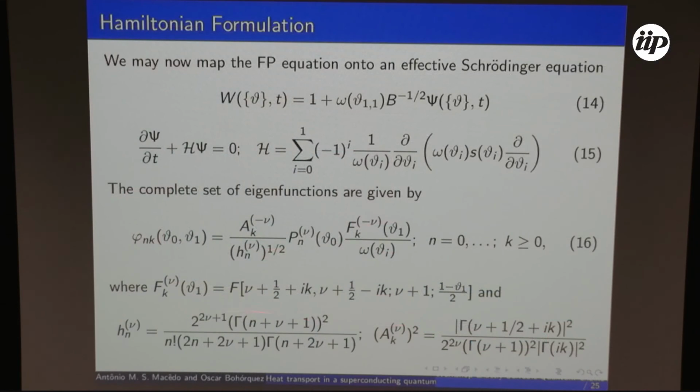So the Hamiltonian, as we have anticipated, since we've selected the simplest solution, contains only 3 particles. And the set of eigenfunctions now is very simple, because the compact part, the fermionic part, contains only Legendre polynomials, and the non-compact part is a hypergeometric function.